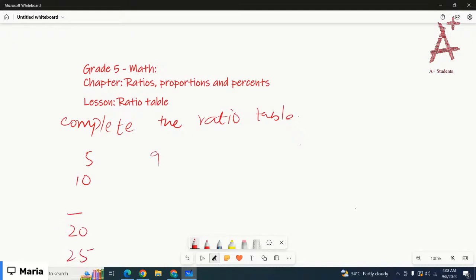The other row is 9, 18, 27, 36 and 45. Okay, so which value is missing? You have to calculate the answer. I'm waiting for the answers from your side.